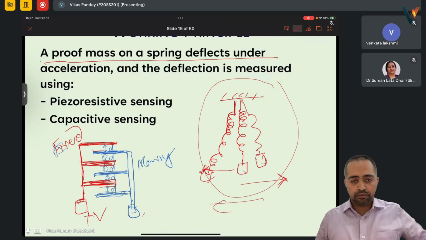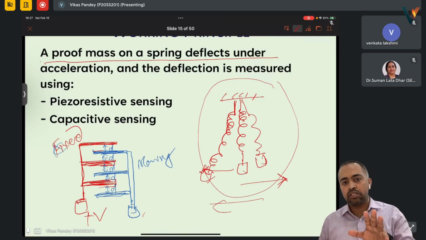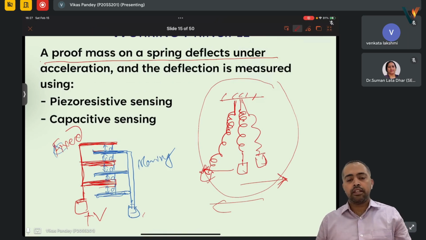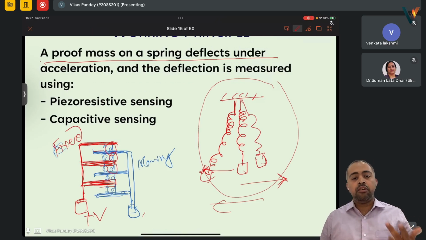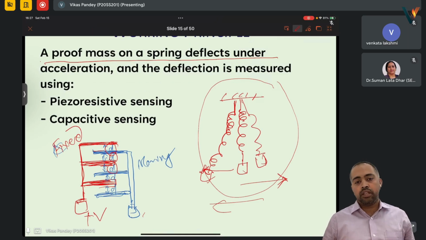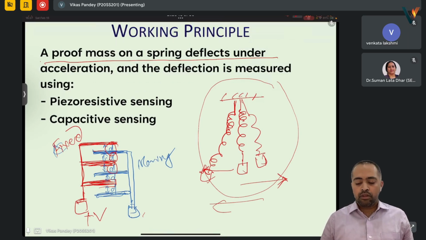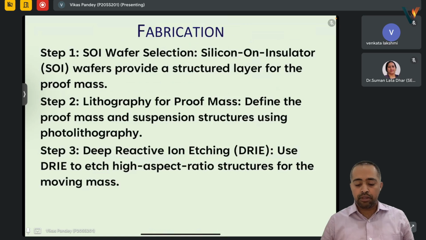This moving part will move either forward or backward based on the direction and acceleration or deceleration. Due to this change, there will be a change in d, and this change in d will lead to a change in the capacitance. Then by measuring the change in capacitance, we can understand the amount of acceleration that is happening.